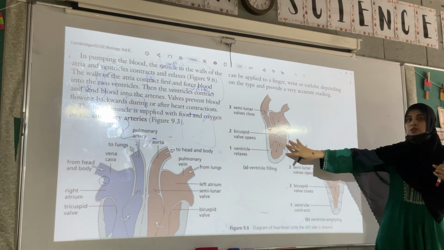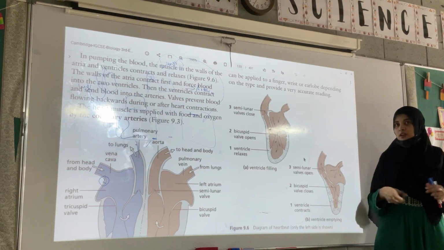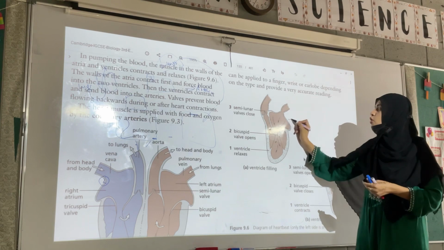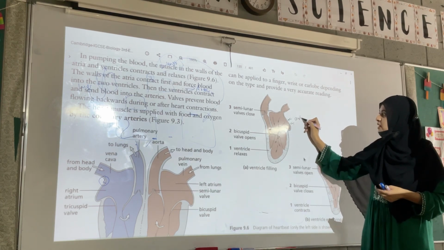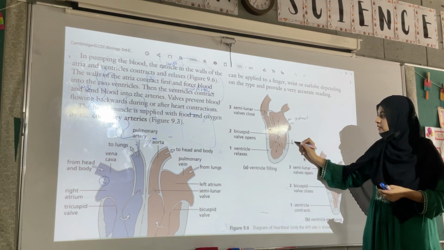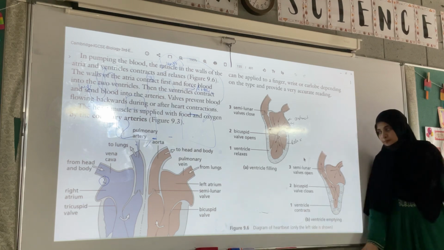So when blood enters, the ventricle will relax. Get it? Understand? So the atrium part needs to contract to push the blood to the ventricle. So this part contracts and then this part relaxes. And then the bicuspid valve will open, right?